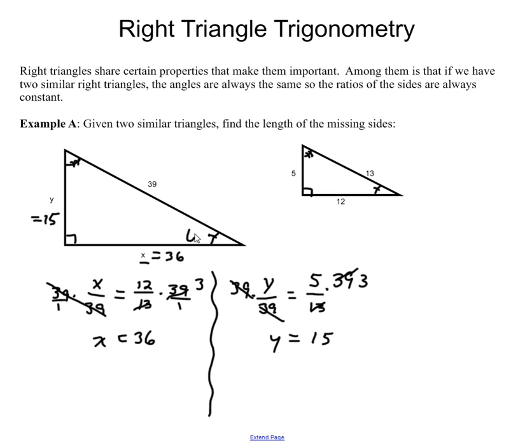We call this angle theta right here. We could say that our ratio right here of cosine of that angle is the ratio 15, not 15, I'm reading the wrong side again.